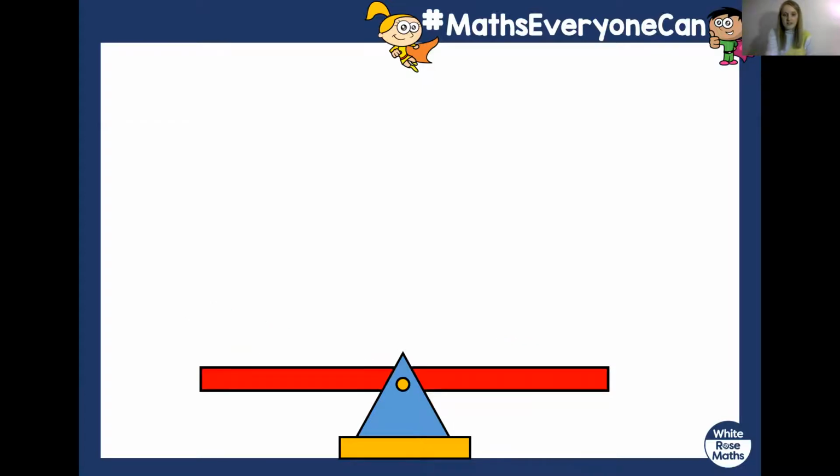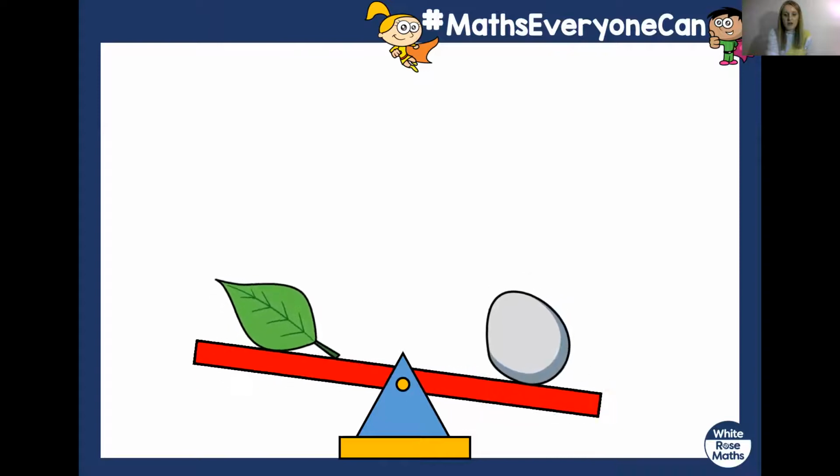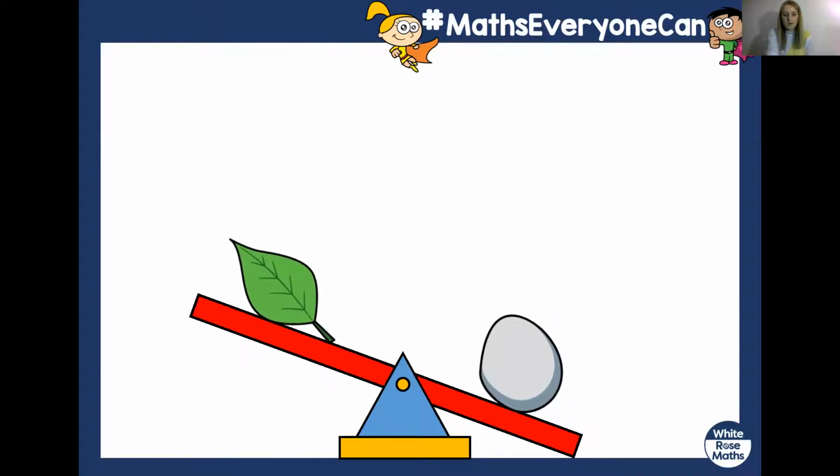Let's have a look at these 2 items. We have a leaf and a rock. Now, which side has tipped? That's right. It's the side with the rock. It has tipped because the rock is heavier than the leaf. The leaf is lighter than the rock.